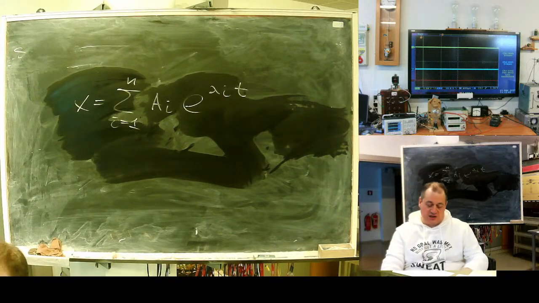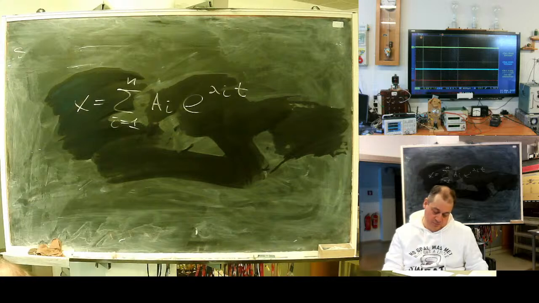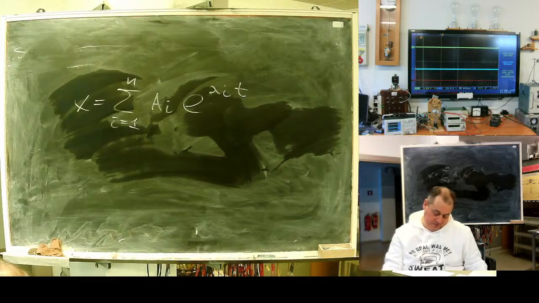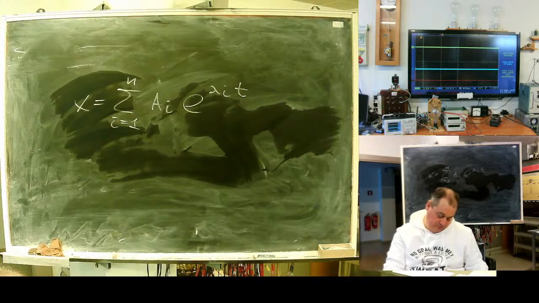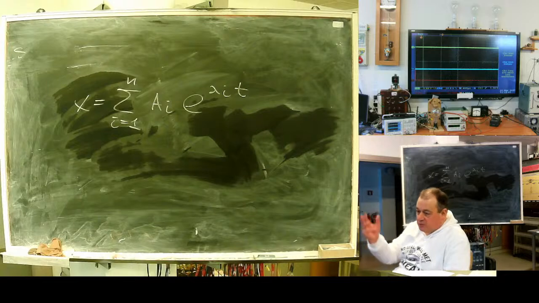When I spoke on the resonance circuit, we saw the characteristic equation and lambda 1, lambda 2.